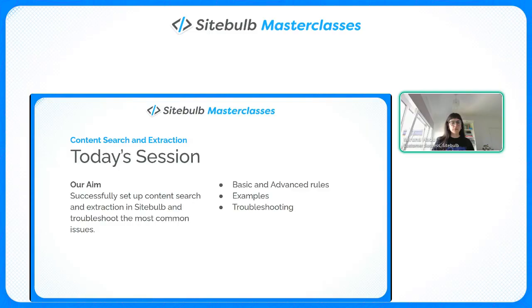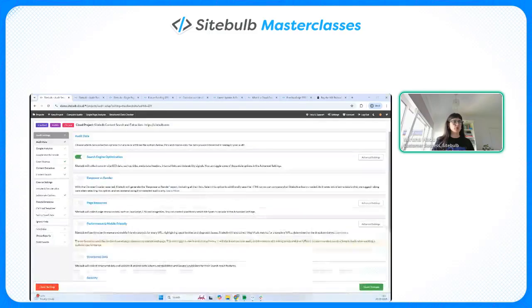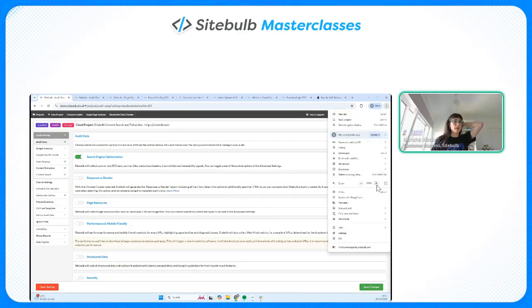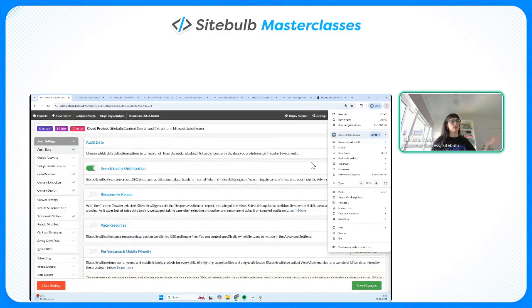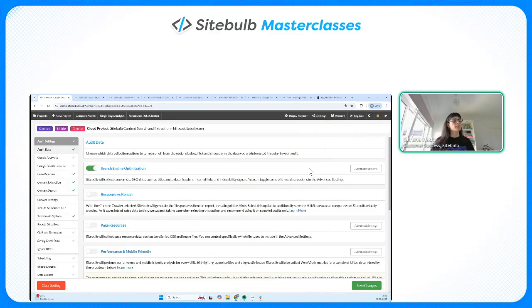So what I'm going to do now is jump onto Sitebulb. What I have here is essentially Sitebulb Cloud. So it is the cloud version of Sitebulb, which you can access through the browser. But the feature works mostly the same for desktop and cloud, with the exception of content extraction.